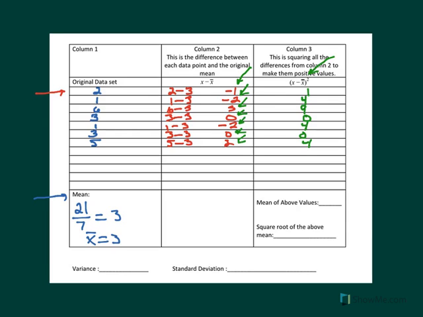And then the next thing you want to do is find the new average, the new mean of all these new numbers. So add these all up and divide by how many there are. So if we do 1 plus 4 plus 9 plus 0 plus 4 plus 0 plus 4, you should get 22.